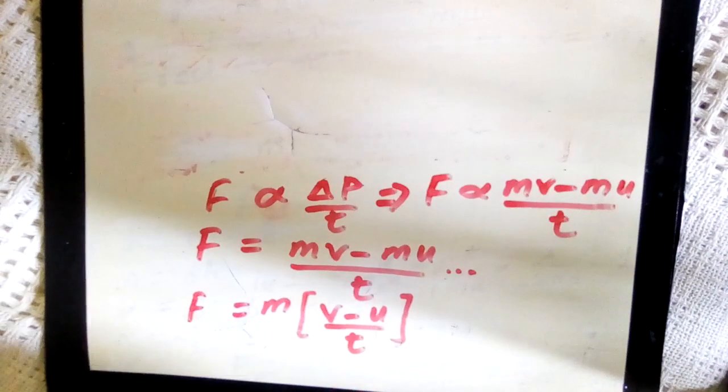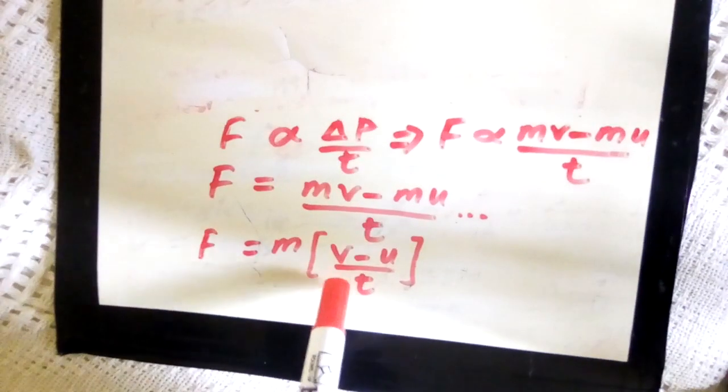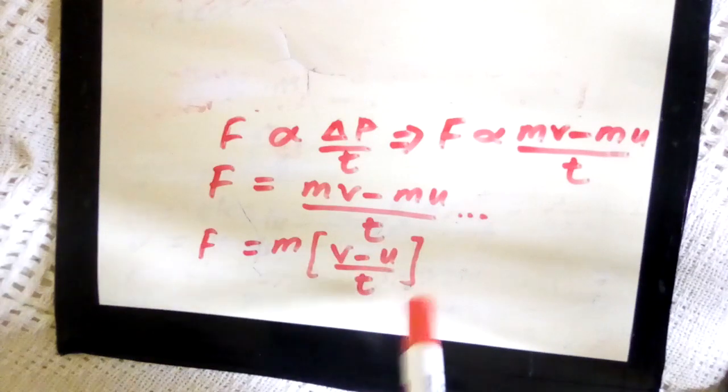As you can see, the term inside is the final velocity minus the initial velocity over time.